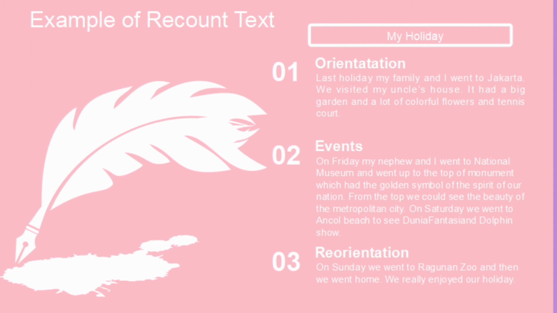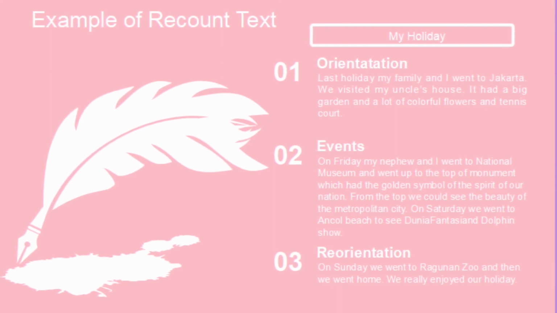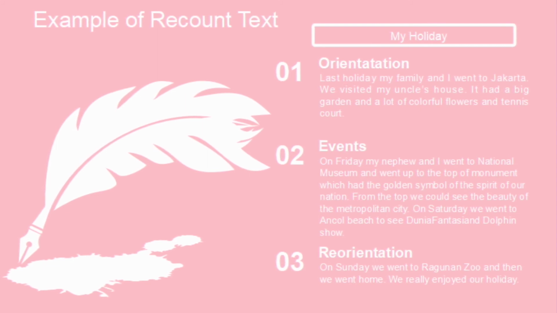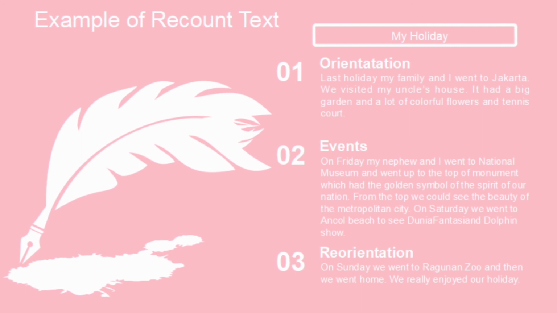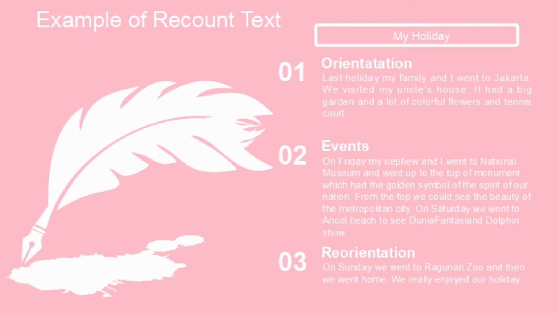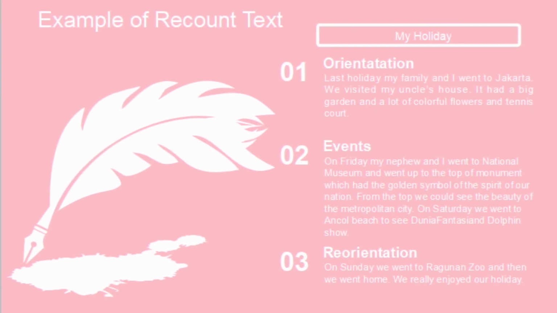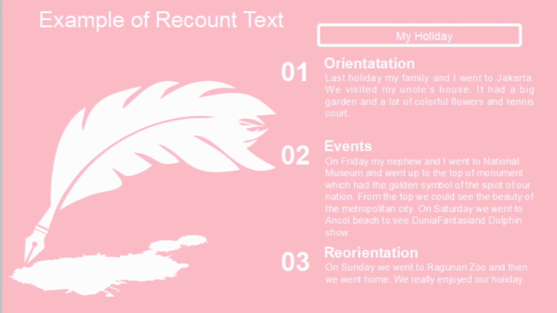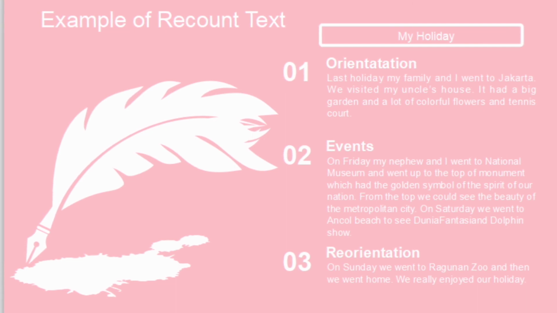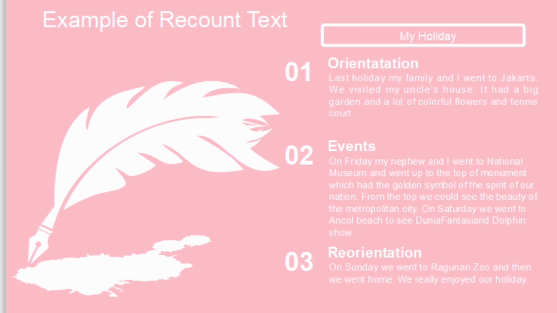In this text, it uses I as the writer, and then uses verb 2, for example visited, and when, and then uses time connectives. For example, in this reorientation, you can look at the word then and etc. And then it uses chronological order.